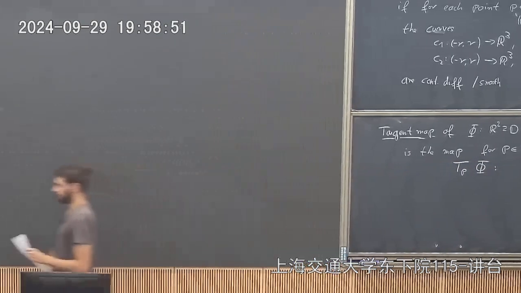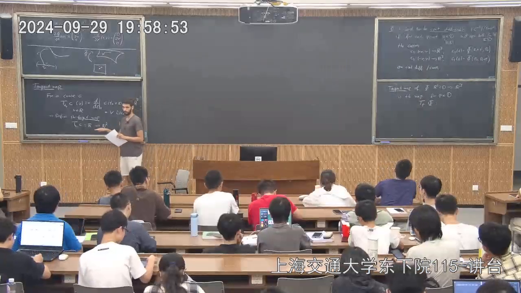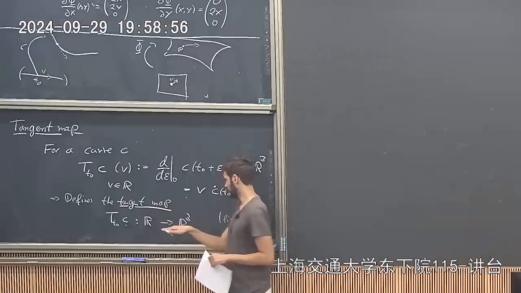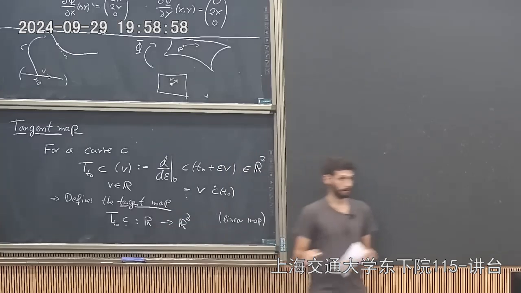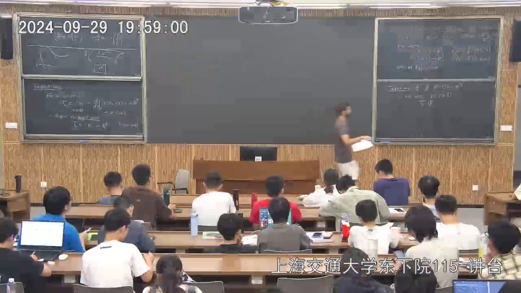Before, it was defined on R because we essentially had one direction that we could change. But now it maps from R2 into R3.